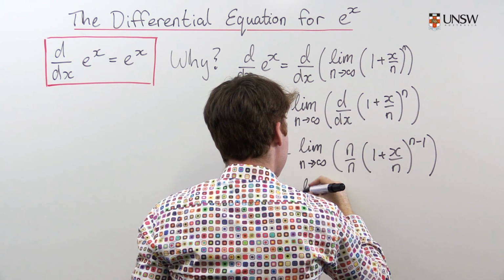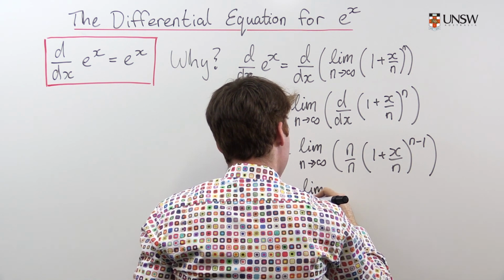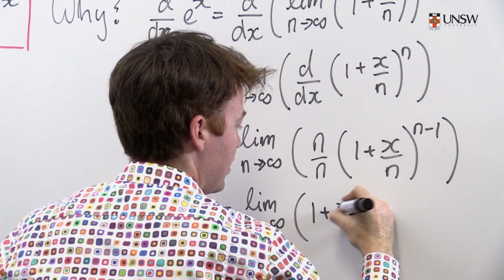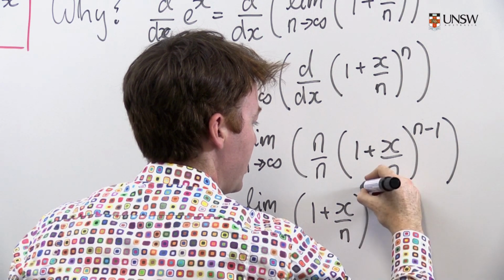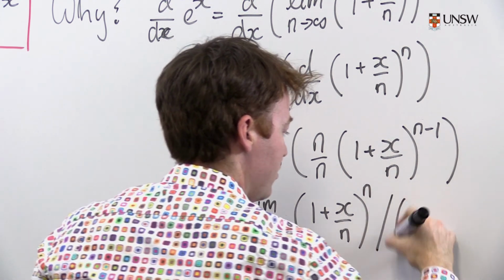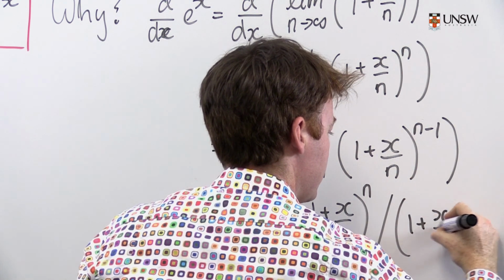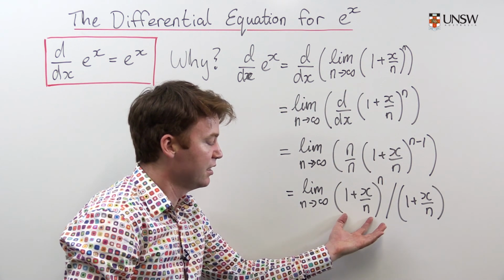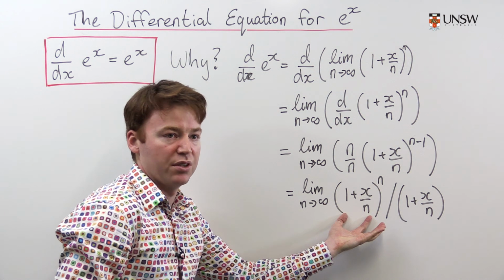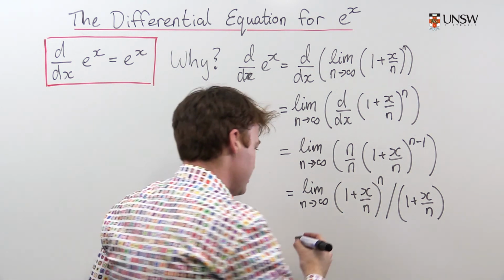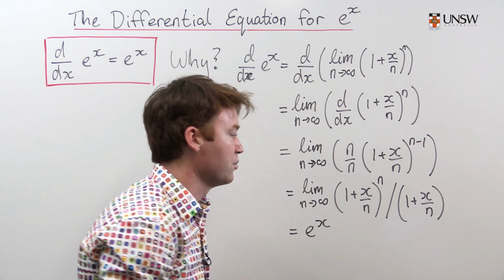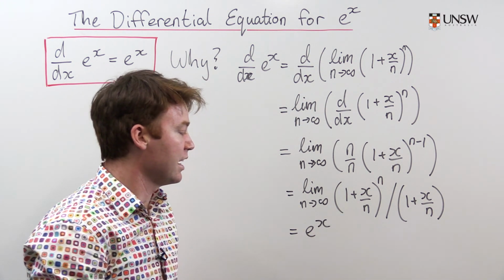And we can see this is the limit as n approaches infinity of (1 plus x on n) to the power n divided by (1 plus x on n). And as n goes to infinity, this, again using Euler's definition, is e to the x. And this goes to 1. So we just get left with e to the x.